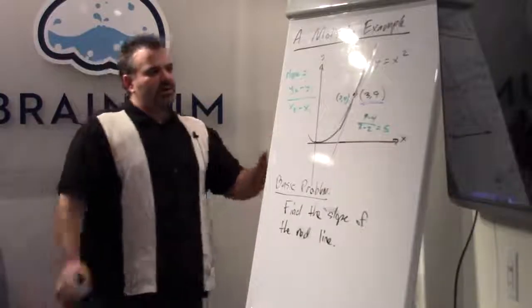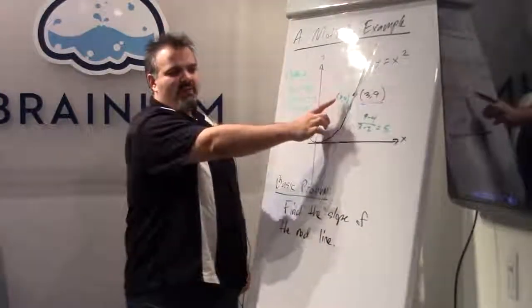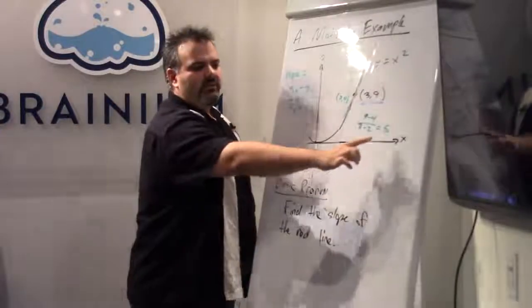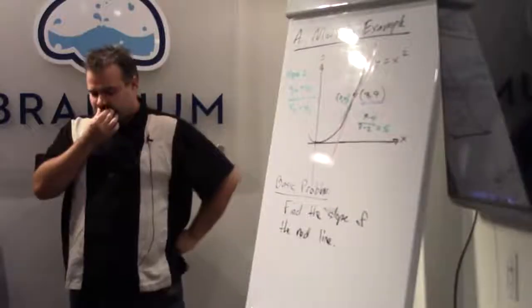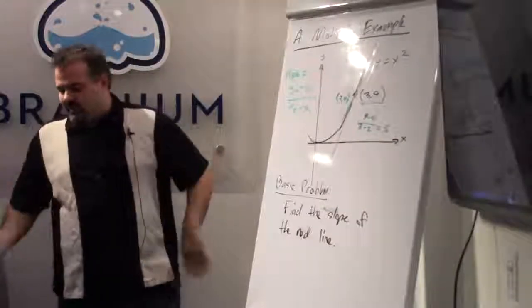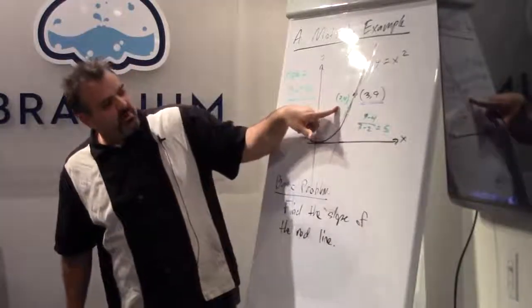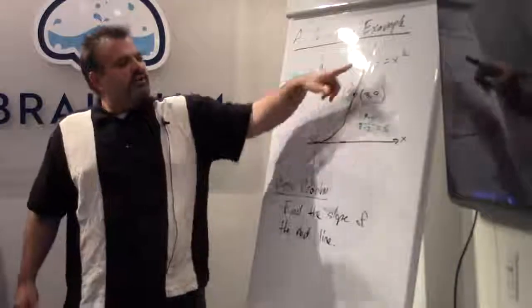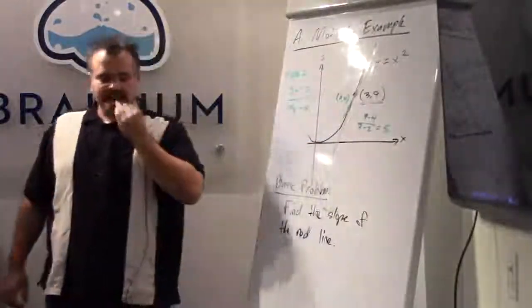So the abstraction I want to talk about is: we picked a specific point here, and we plugged it into this formula, and we got a number. Mathematics deals with numbers. So we take a number, plug it into the function, it becomes a point, and we work with these numbers.